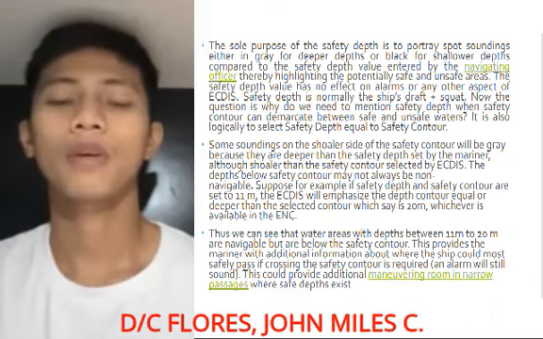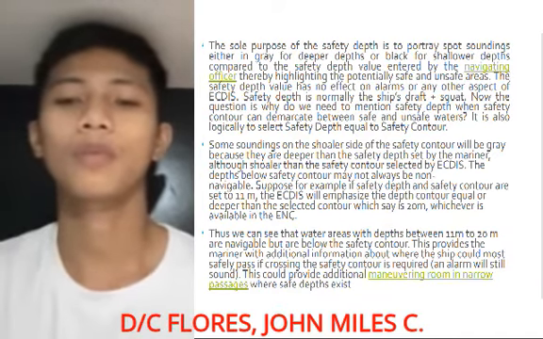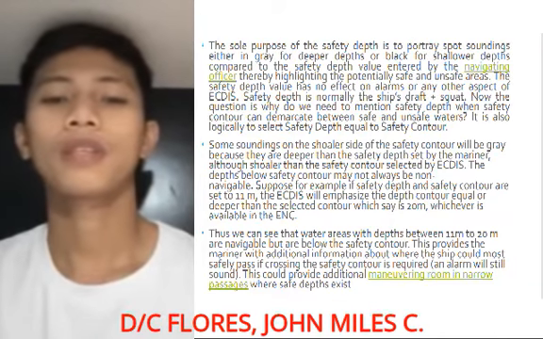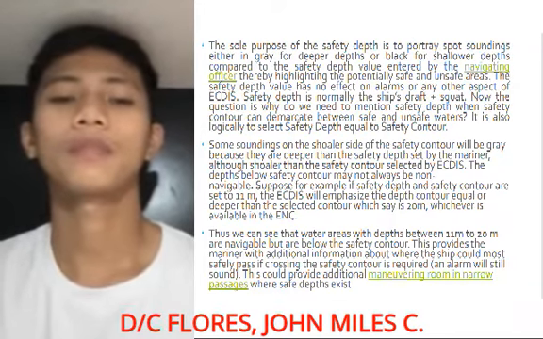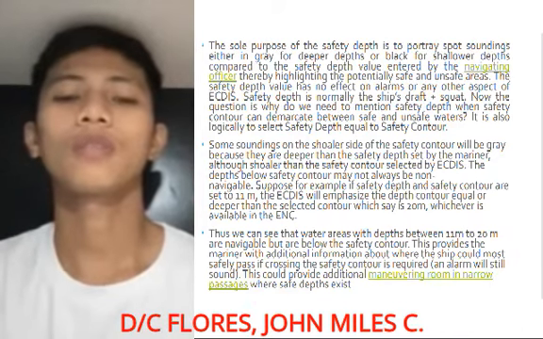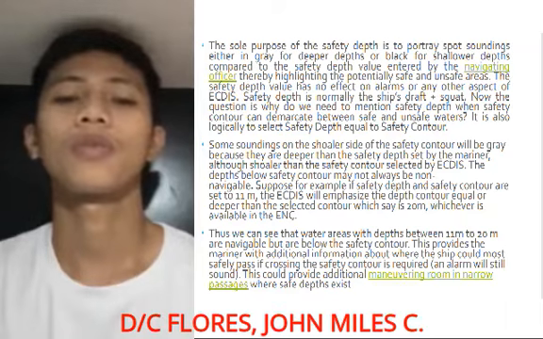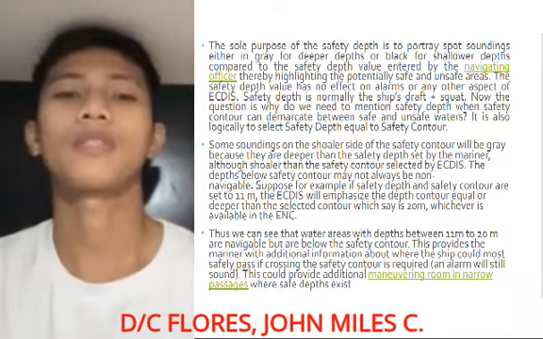This provides the mariner with additional information about where the ship could most safely pass if crossing the safety contour is required, because this could provide additional maneuvering room in narrow passages where safe depths exist.